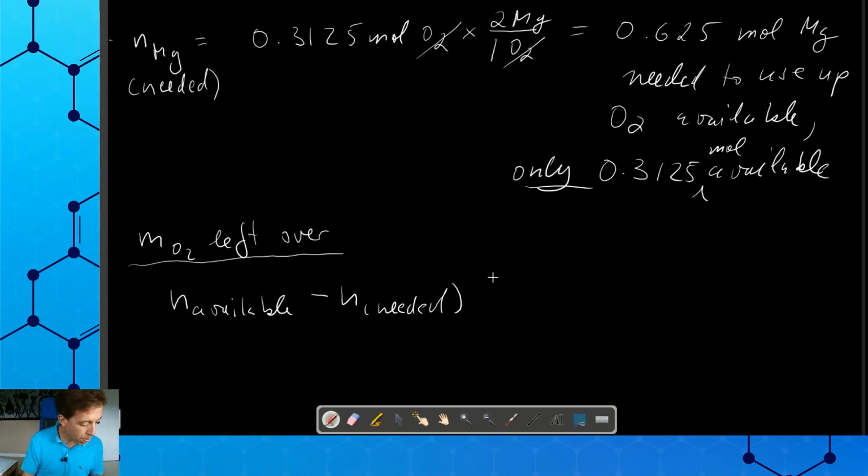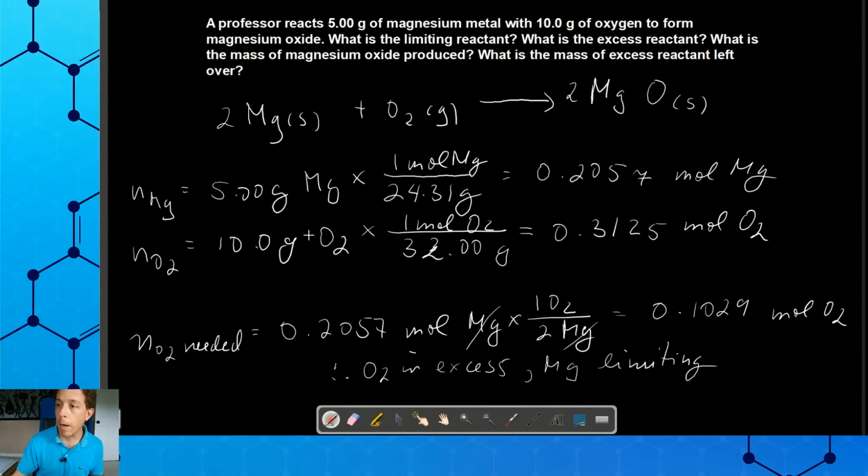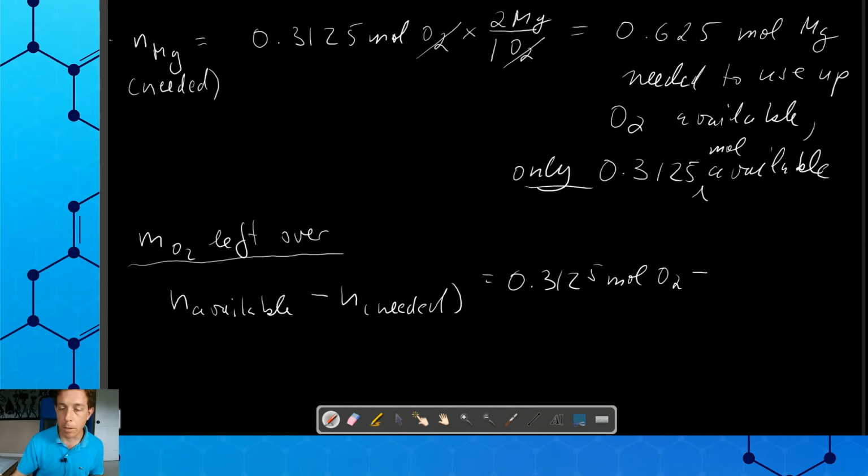And so we started off with 0.3125 moles of oxygen available minus the 0.1029 moles that we need. So we said we only need 0.1029 moles of oxygen to actually complete this reaction.